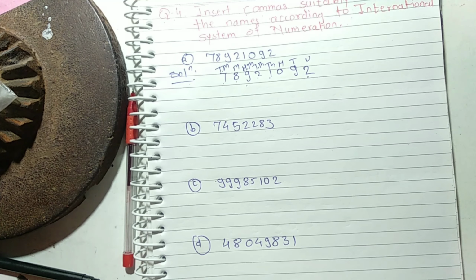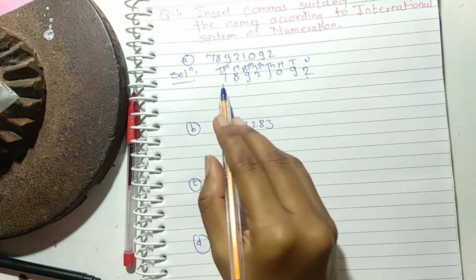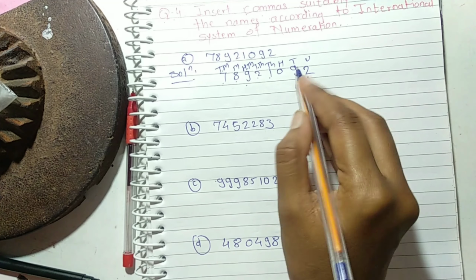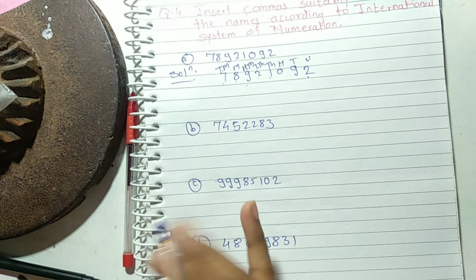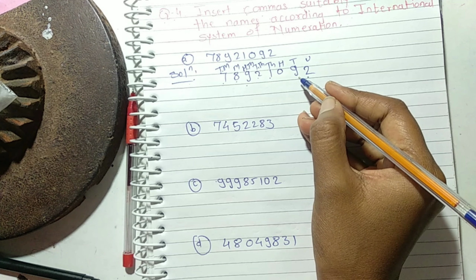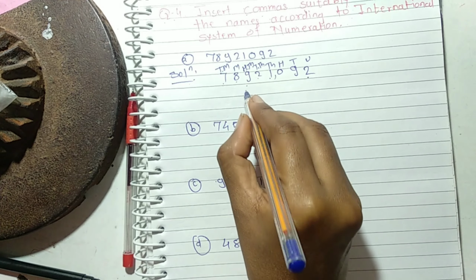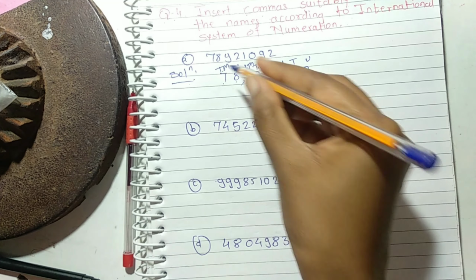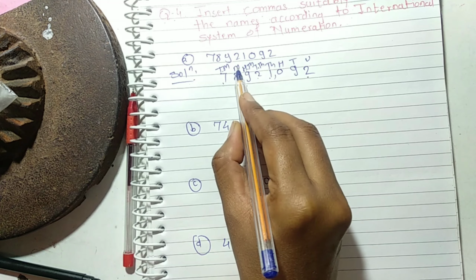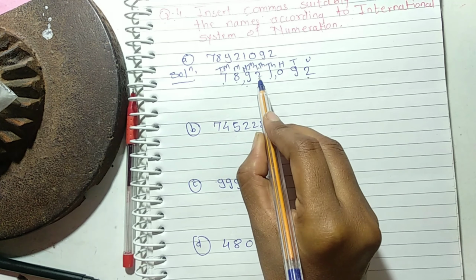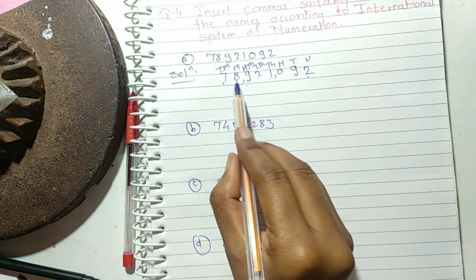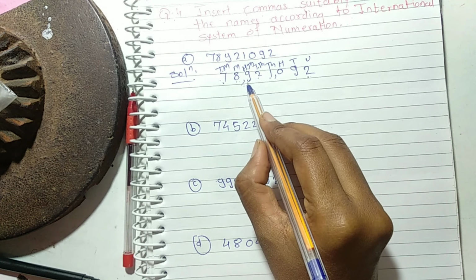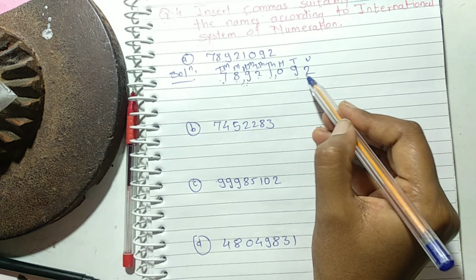Now how to read this number? First put commas here. In the International System of Numeration, we put commas after 3 digits, and next also after 3 digits. Now read: 78,921,092. Once again look here: 78,921,092.